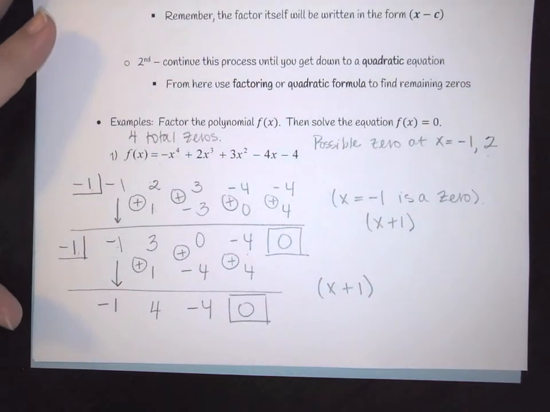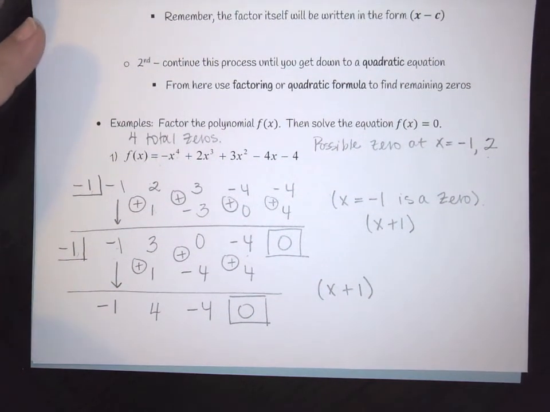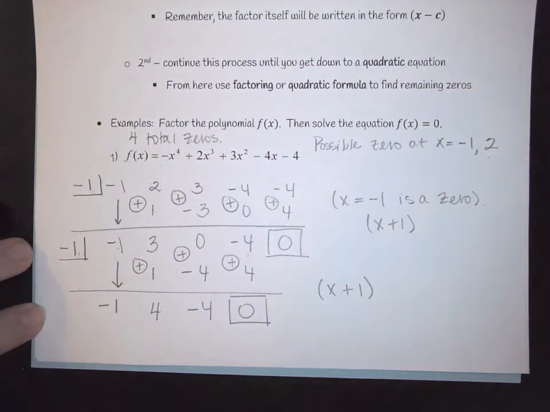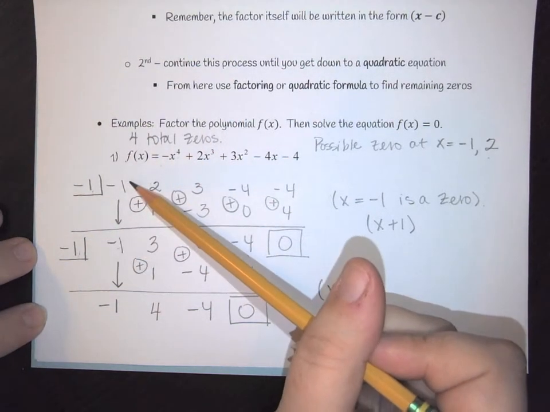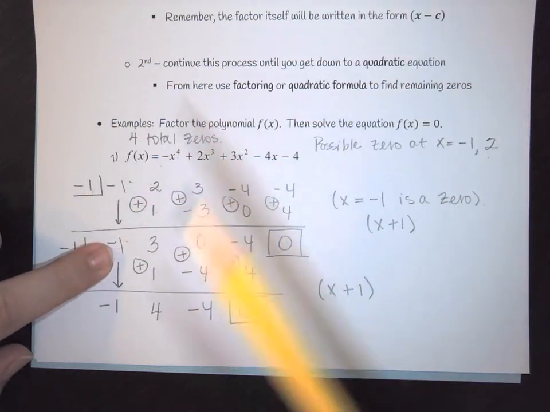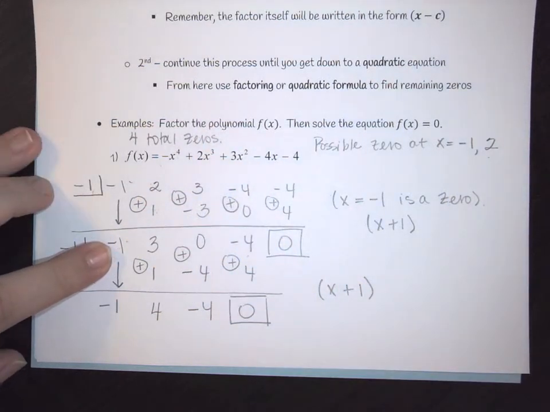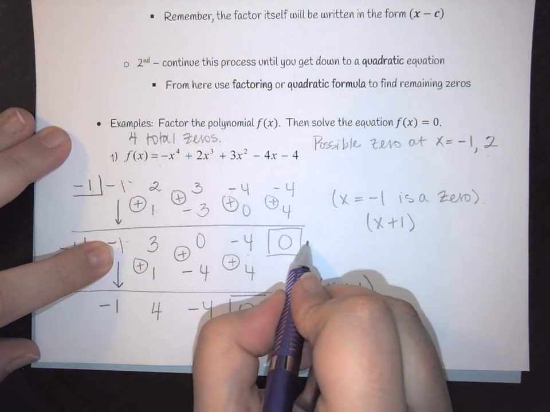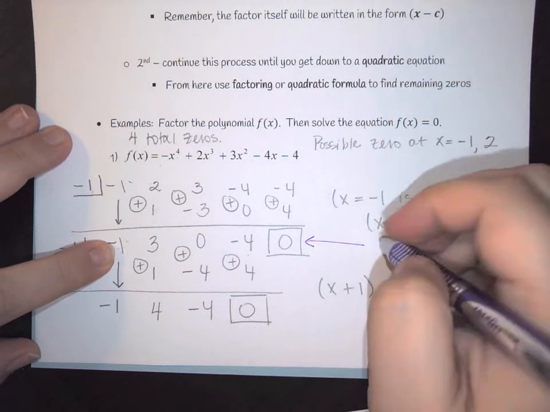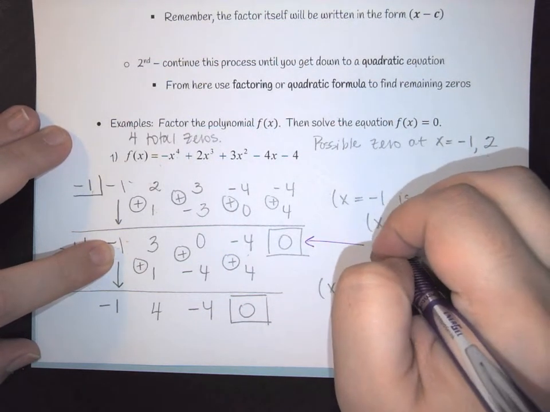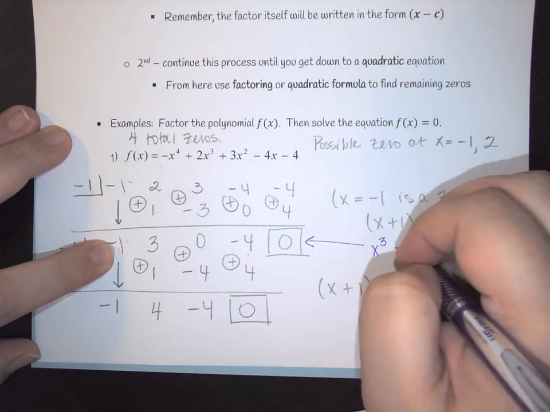And so now what I have to do is I have a choice. Okay, I started with x to the 4th. When we drop down to this row here, this row right here became the x cubed polynomial.